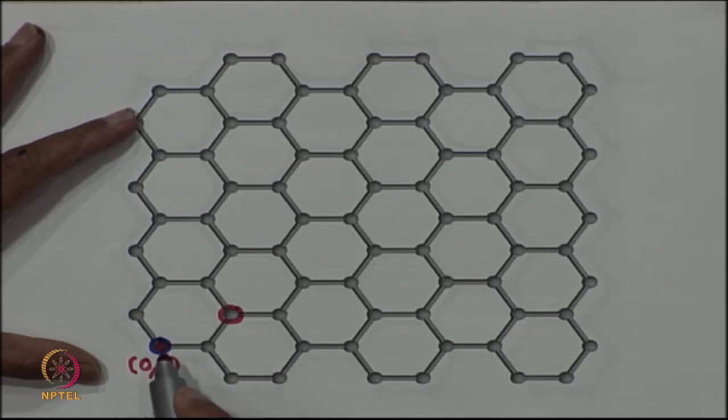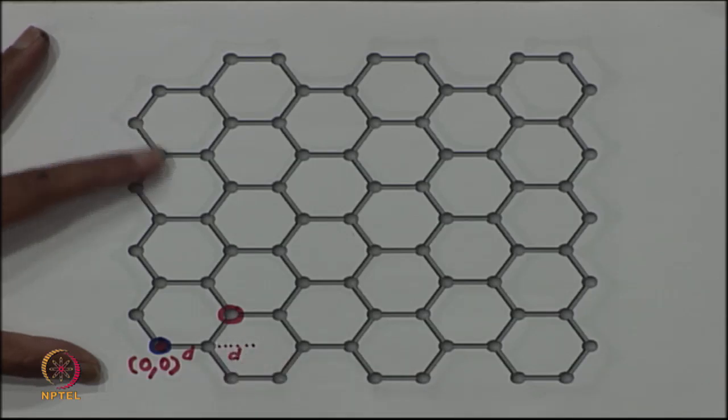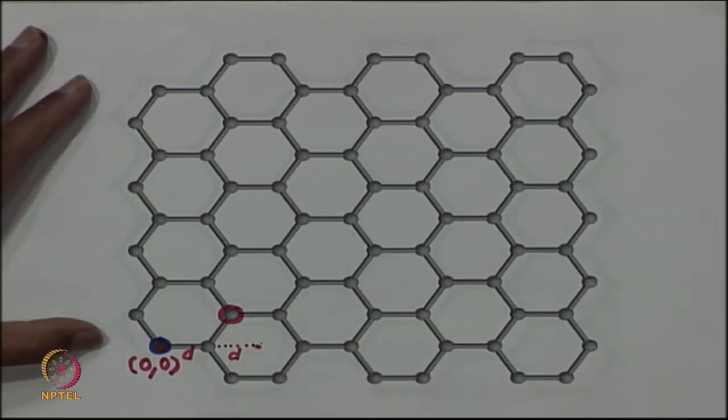If I take this as my origin, then the atom at the origin has a neighbor on its right at a distance equal to the carbon-carbon bond distance d. But if I travel the same distance d in the other direction, we come into the center of the hexagon, and there is no atom at the center of the hexagon.